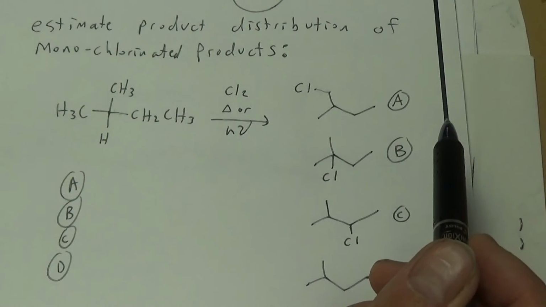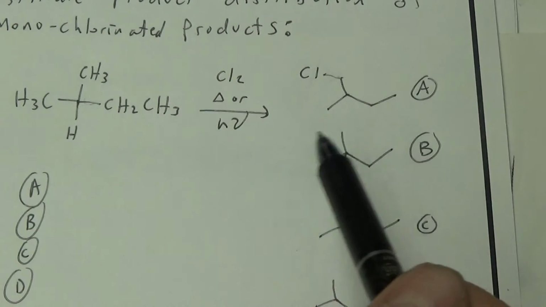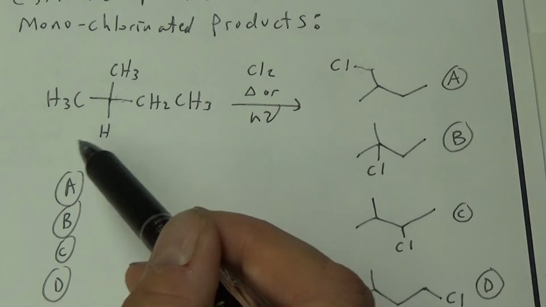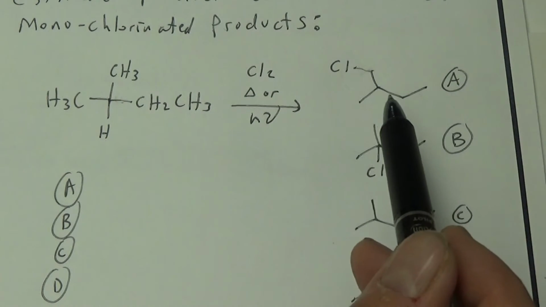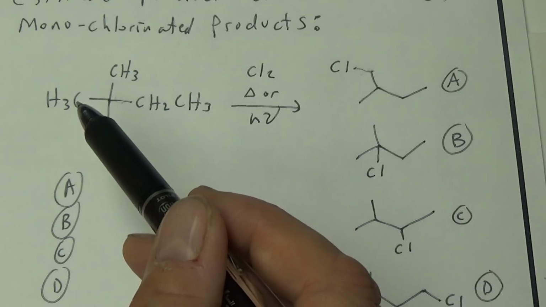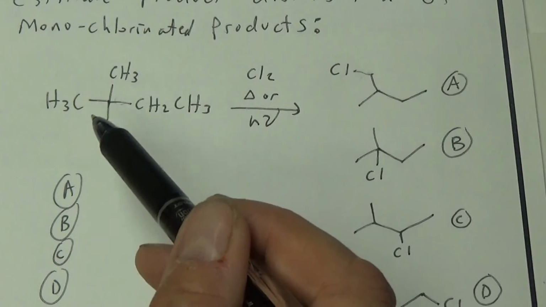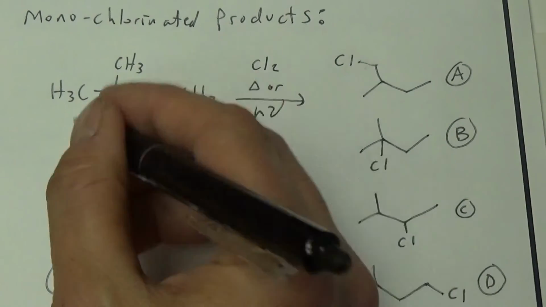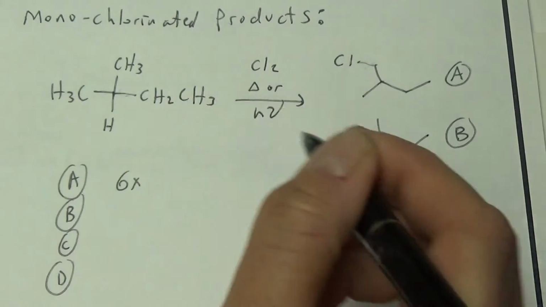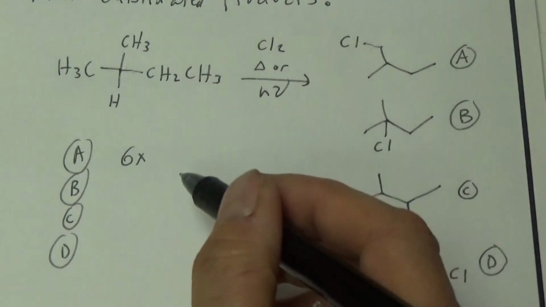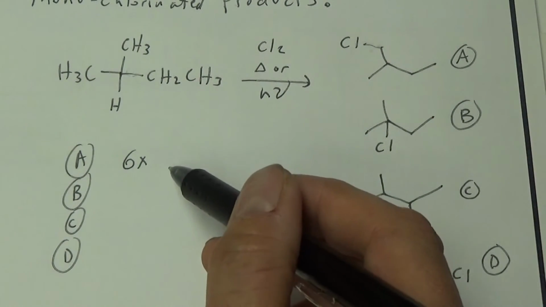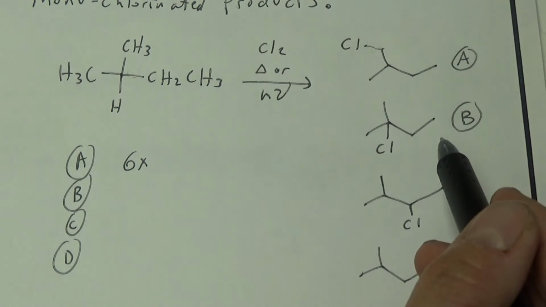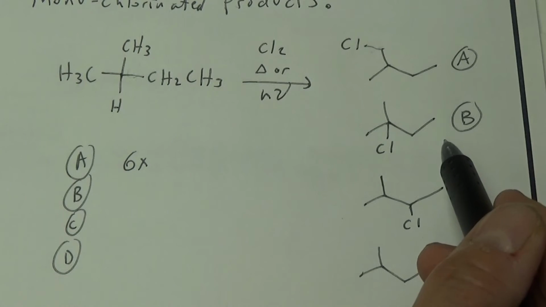Think about that a little bit. How many hydrogens could be replaced with chlorine in the starting material to give you product A? Well, there are 2 CH3s and they're identical, so 3 plus 3 is 6. So that's what we write here, 6. Let's ignore what's to the right of the X first. For product B, how many hydrogens would give rise to product B?